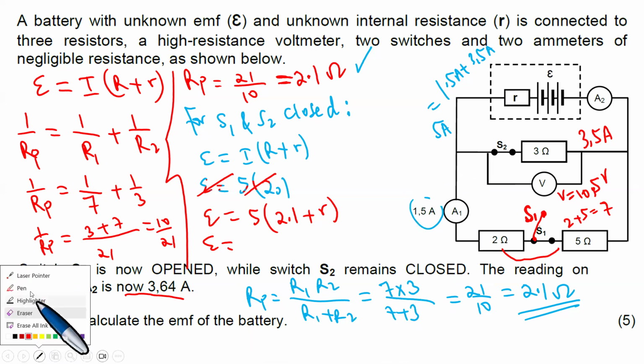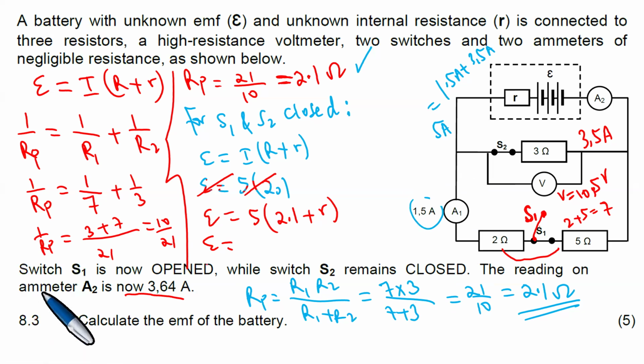So now, at this point, if we know that the reading on the ammeter A2, when S2 remains closed and S1, this switch here, is opened. So if S1 is now opened, it means no current is going to be passing through this here.